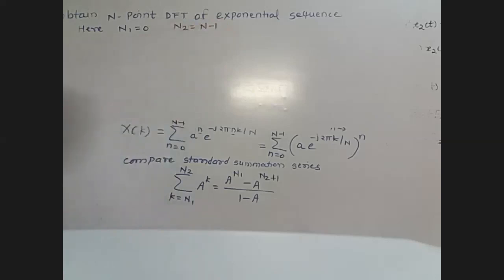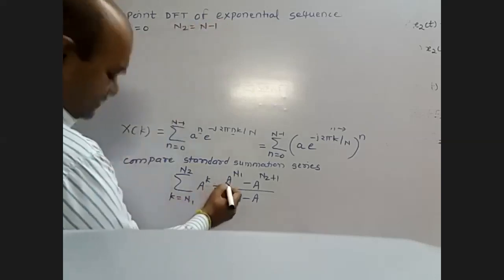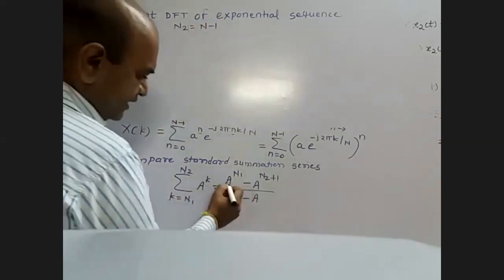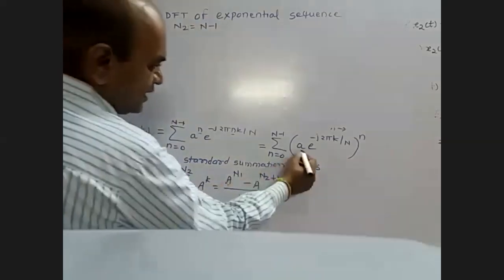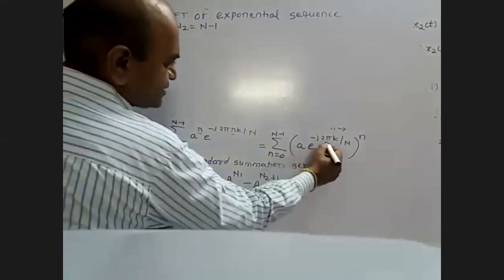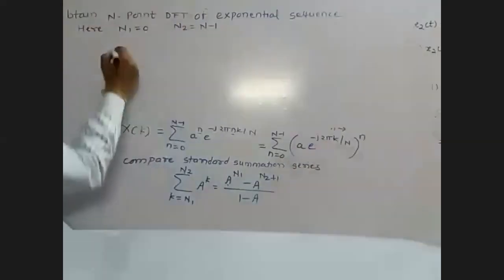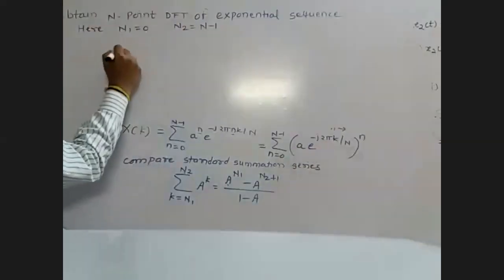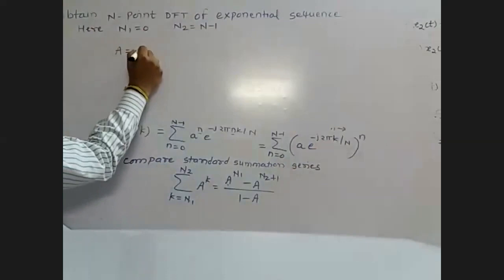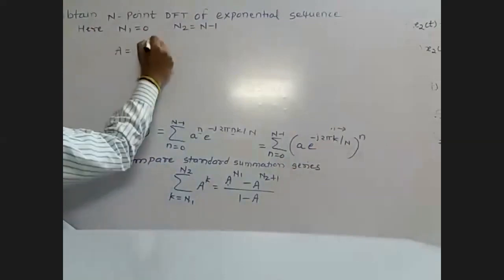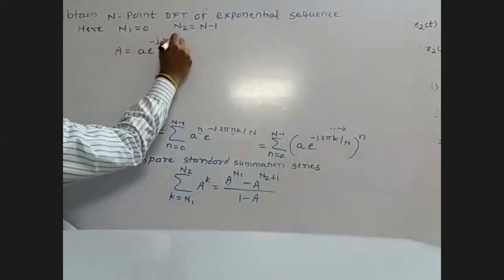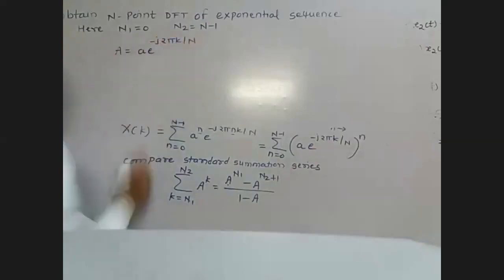So n1 is 0, and n2 is n minus 1. And what is a? That a is nothing but a into e raised to minus j 2 pi k by n. So the value of a is a e raised to minus j 2 pi k by n.